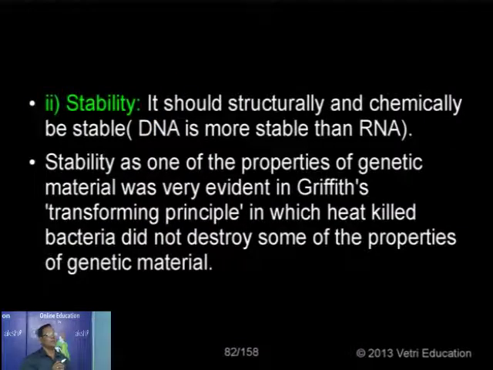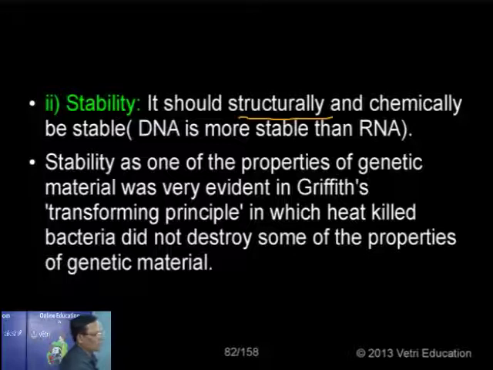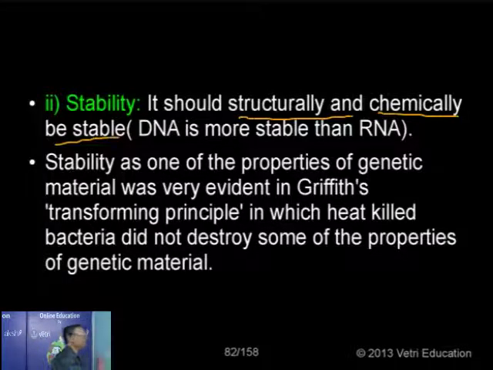When you are taking the genetic material, it should be both structurally and chemically a stable molecule. It cannot be altered easily. Suppose you are taking, for example, error mutations. Normally we have one error in 10 to 100 million base pairs of a DNA molecule. So a DNA or RNA should be stable.